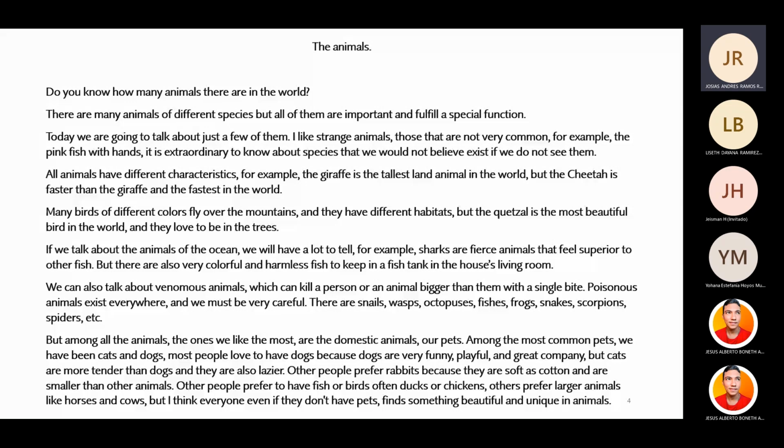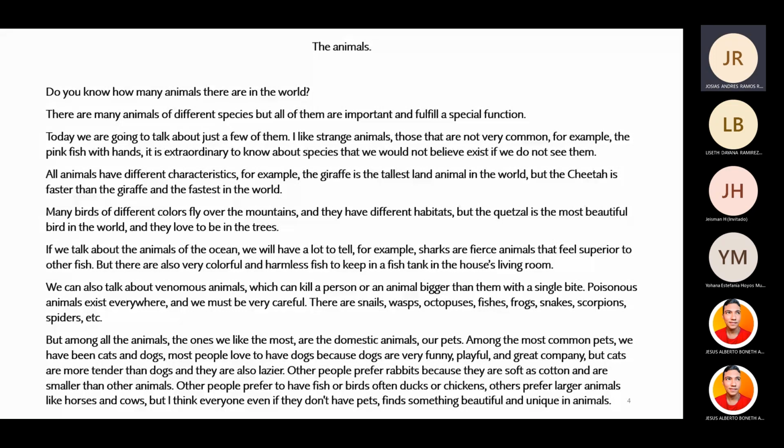Among the most common pets we have cats and dogs. Most people love to have dogs because dogs are very funny, playful, and great company. But cats are more tender than dogs and they are also lazier. Other people prefer rabbits because they are soft as cotton and are smaller than other animals.